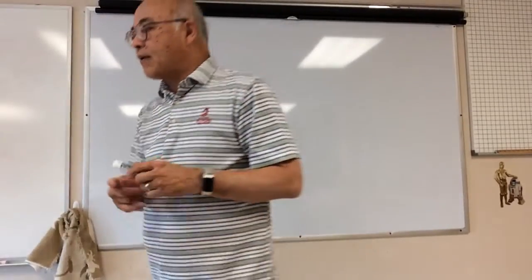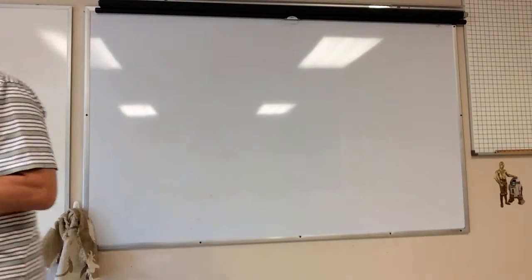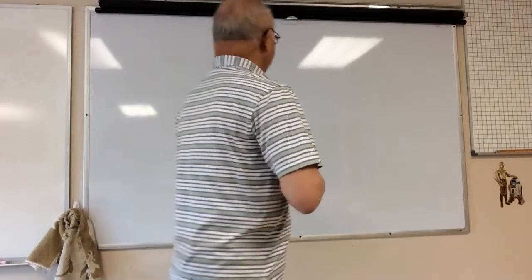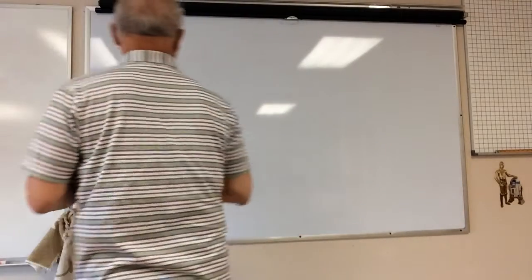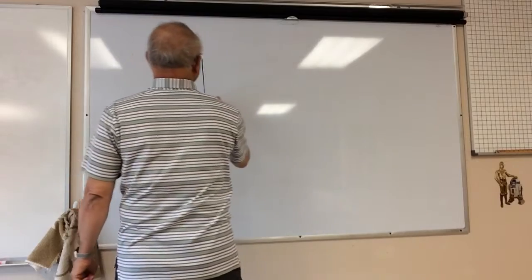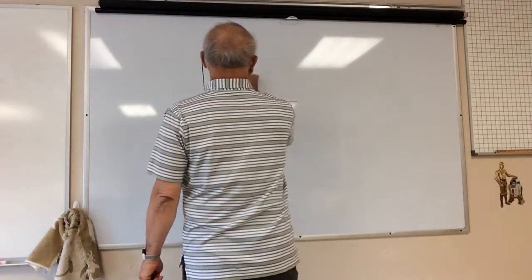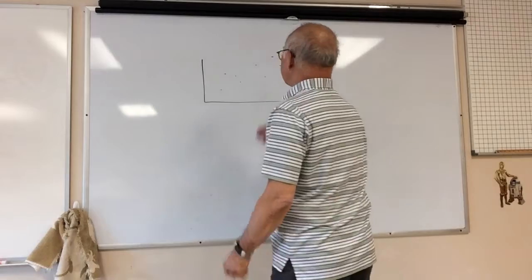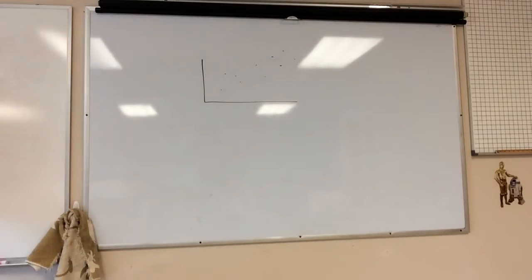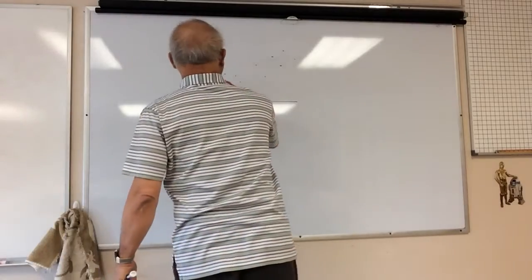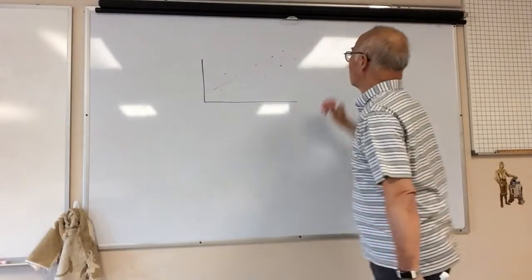Today we're going to talk about the regression line itself. Let's go, we're on page 73. Let's say that we did a scatter plot that looked like this, and we drew a regression line that looked like this.